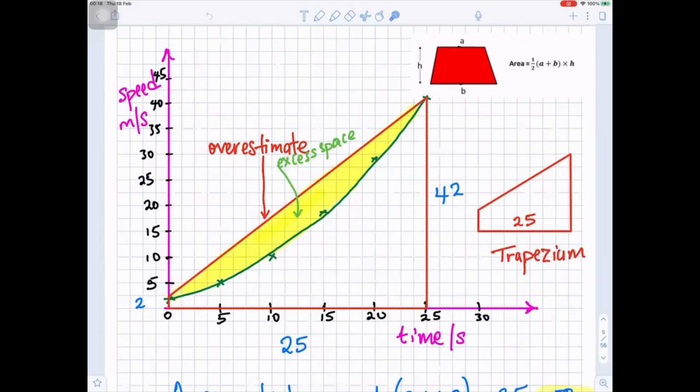So we had to find more. This yellow one is the excess, the extra. So it is an overestimate, because when we draw the trapezium, we didn't draw it underneath. We had the line over. So we had this yellow as the excess, which we had to calculate. There's the yellow there. So that means we had an overestimate.